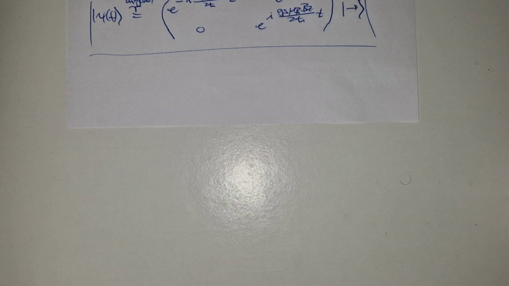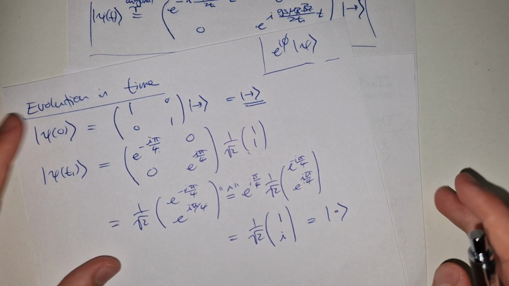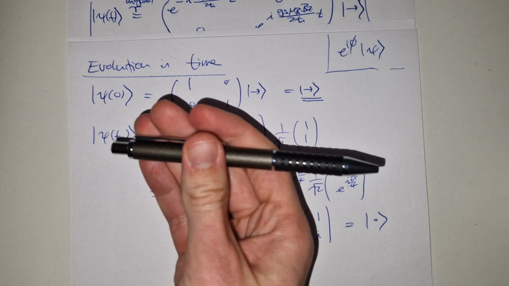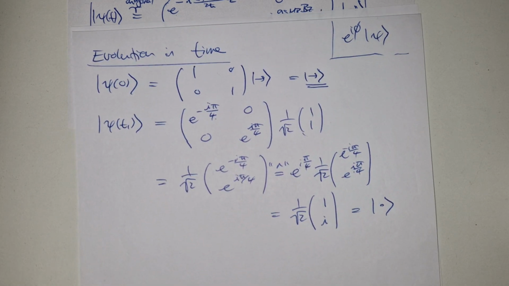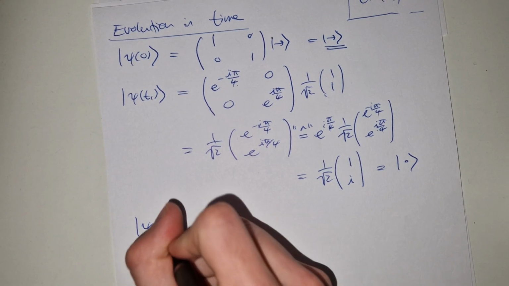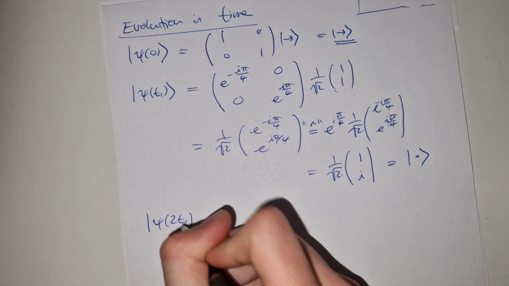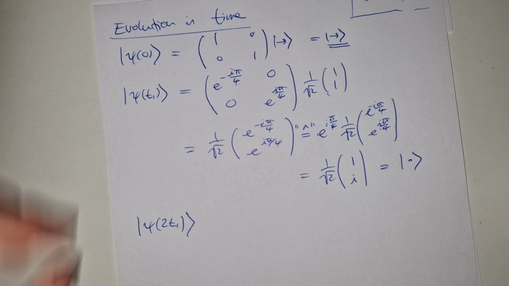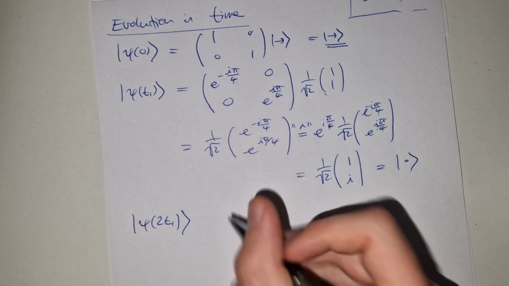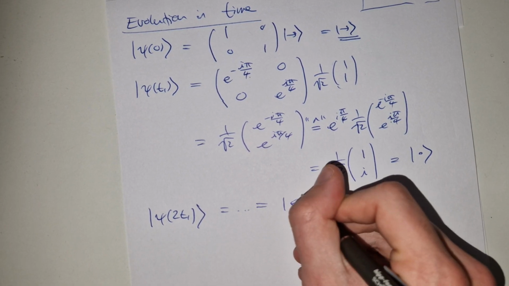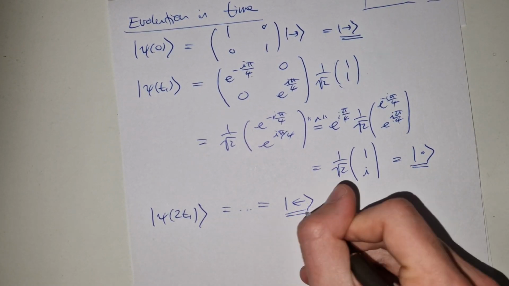We started in the spin right state, and we ended up after a certain amount of time in the spin pointing towards us state. And you can do the rest yourself if you want to. So if you do this at twice t1, so again t1 later, what you get is the spin left state.